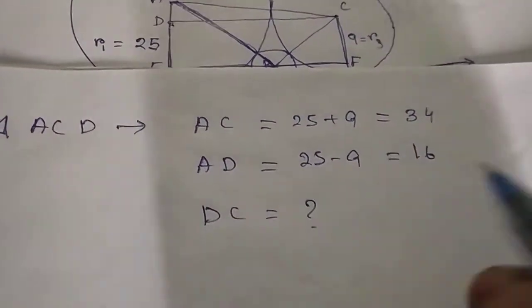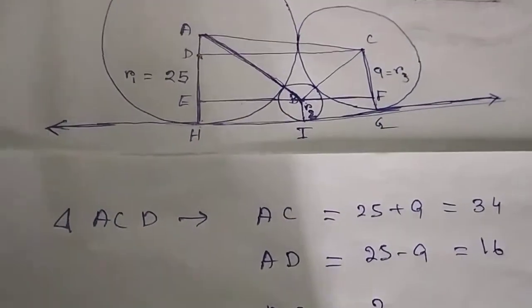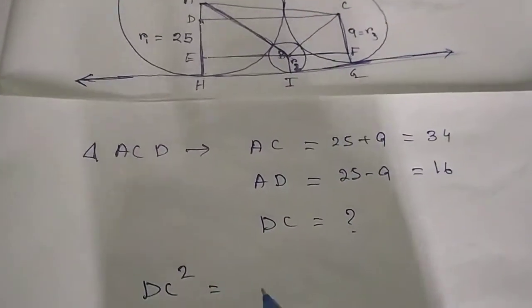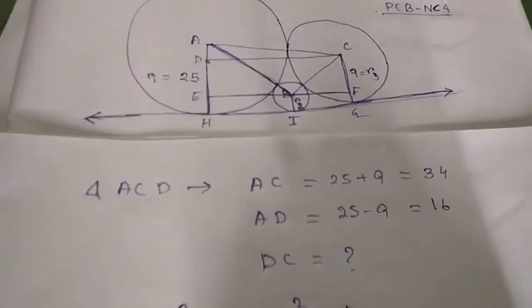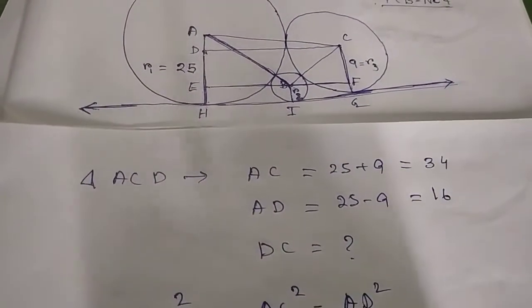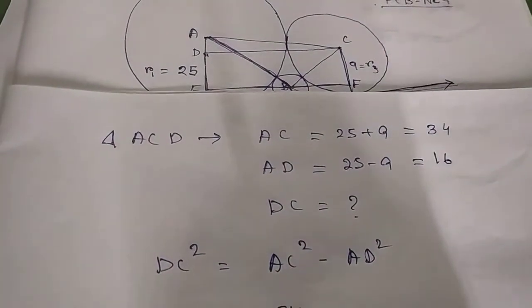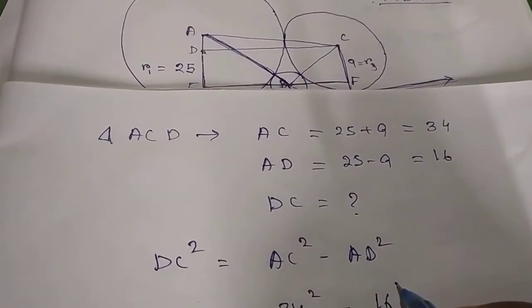So let's take a question mark here. So again we use the Pythagoras theorem. DC square equals AC square minus the AD square. AC square is 34 whole square minus AD is 16, so 16 square.